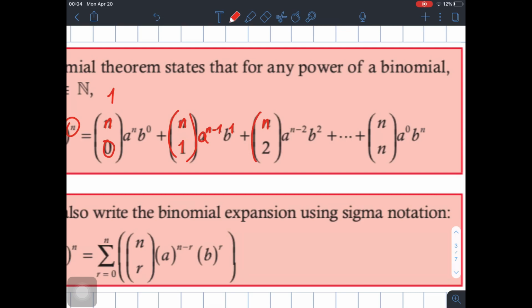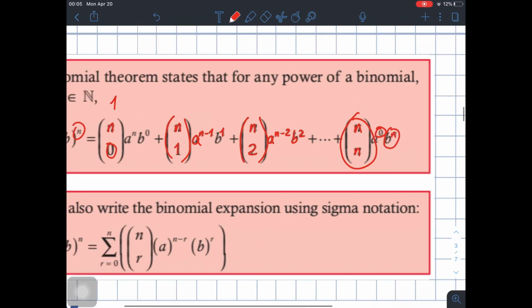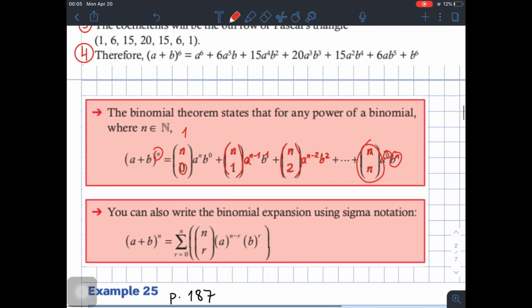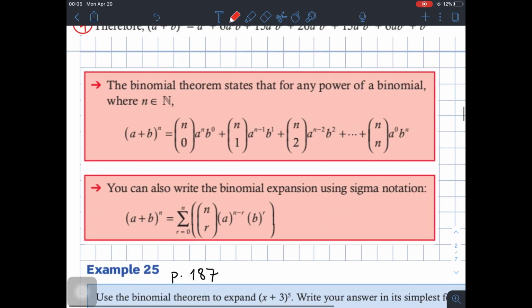The next coefficient would be n taken from 2, then a to the power of n minus 2, decreases in 1, and b increases, and so on, until we get to the last term, which is n taken n times, and the exponent of a is 0, and the exponent of b is the maximum possible, which in this case is n. Okay, so this is how we write the general formula for the binomial theorem, which is the Pascal's triangle.